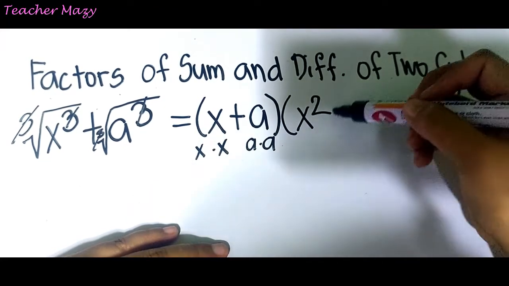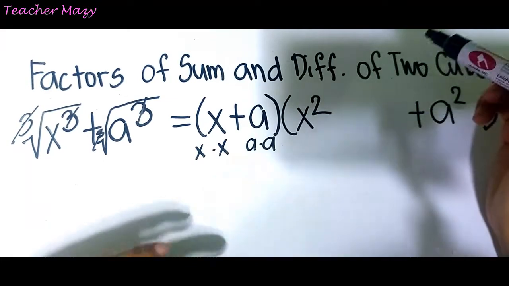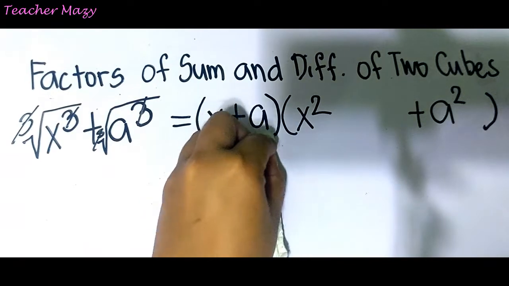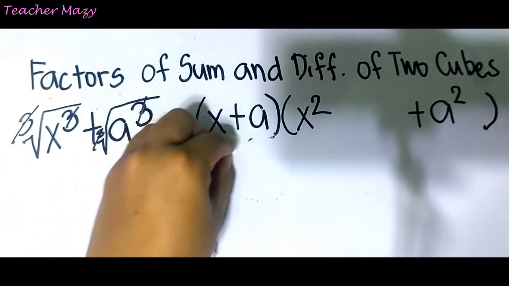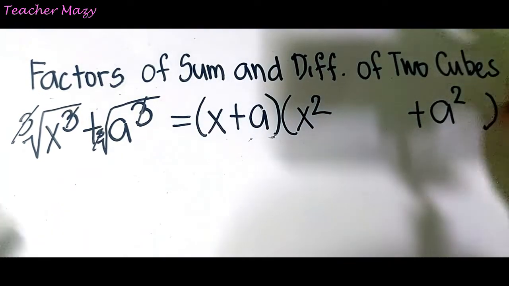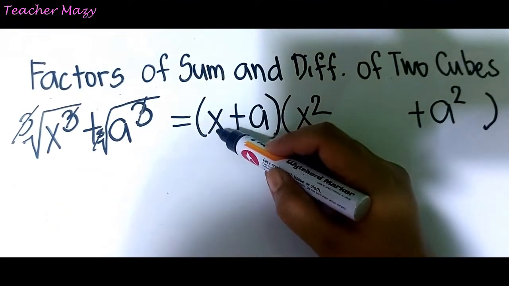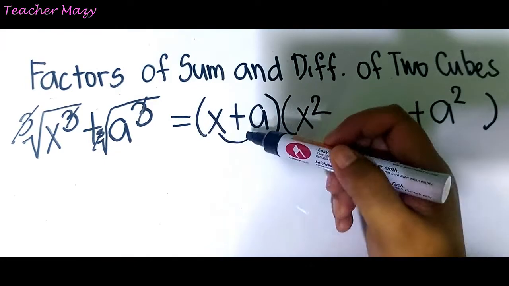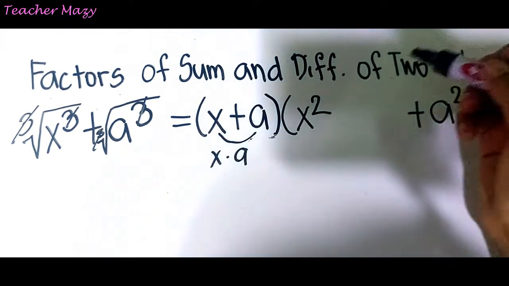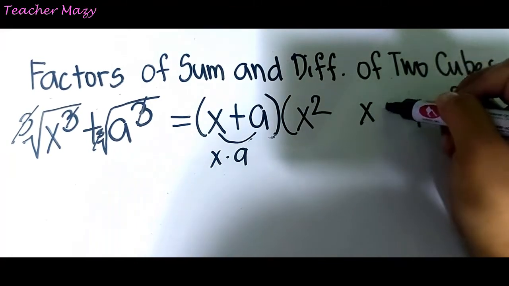Next, for our middle term, how to find the middle term of a trinomial. To get the middle term, we multiply the first and second term. So that is x times a, that is equal to xa.